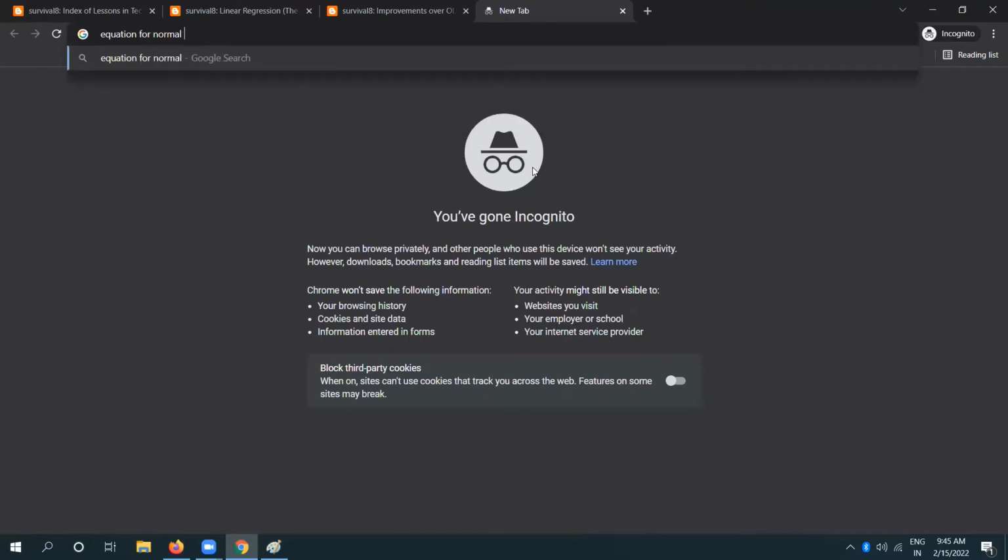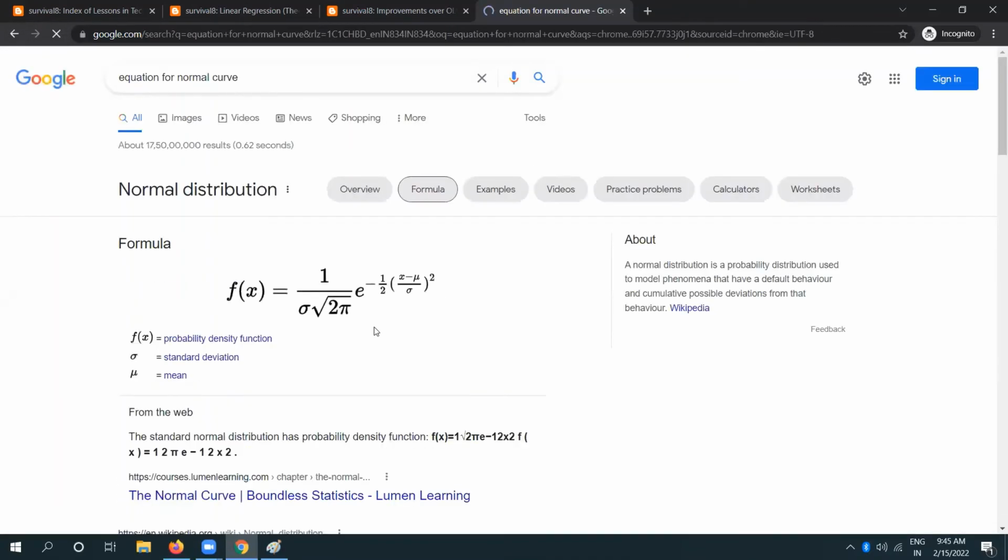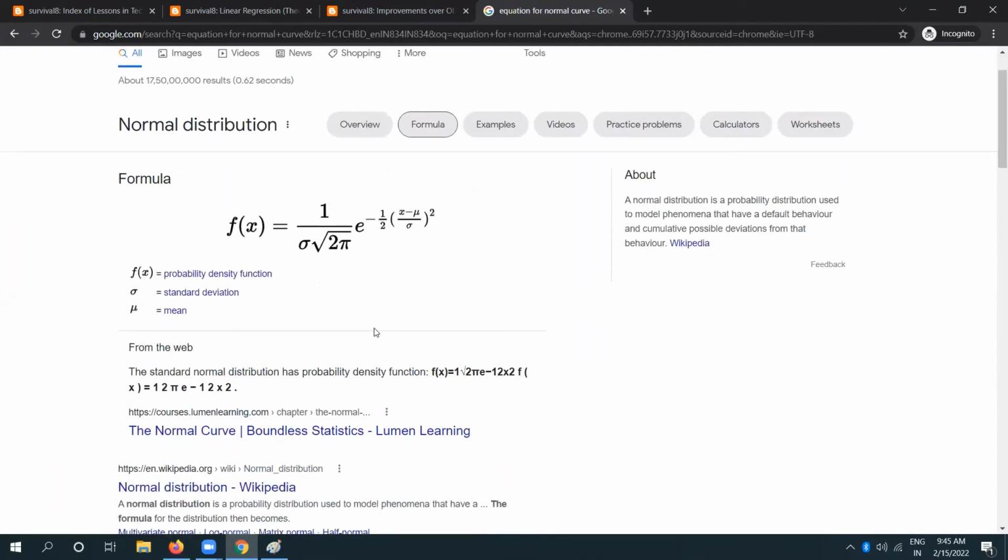This is the equation for the normal curve, where f of x is the probability density function, sigma is the standard deviation, and mu is the mean.